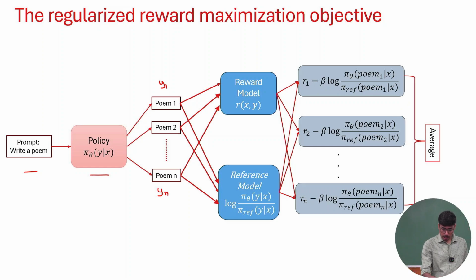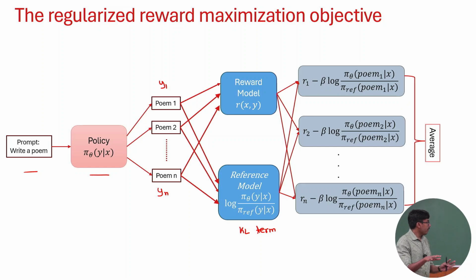Then for each of the outputs that you get, you compute the reward. You compute the KL term. This is the second term. The reference model log probability is required for computing the KL term, and then you combine them using a beta scaling factor. And finally, you take the average.